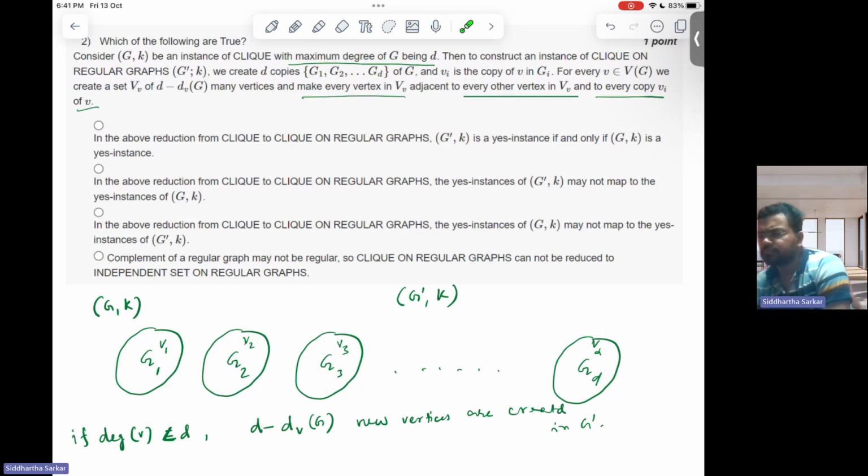First of all, is G' a regular graph? Let us verify this.